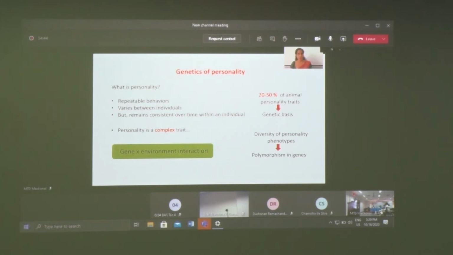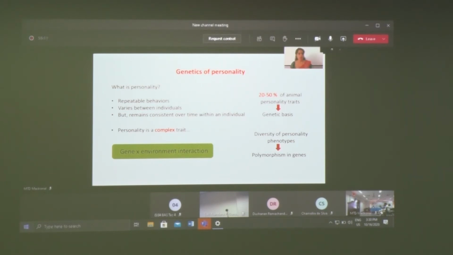Personality can be defined as repeatable behaviors that vary between individuals but remains constant within an individual over time. It is a complex trait, meaning that it has both an intrinsic component embedded in the genome of an animal, as well as it is influenced and shaped by external factors, such as the environment an animal develops in.